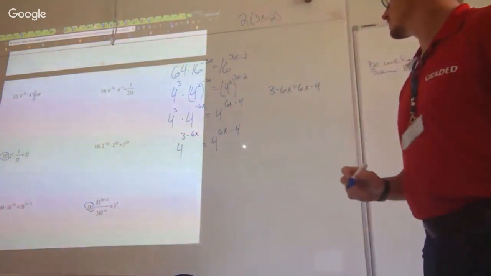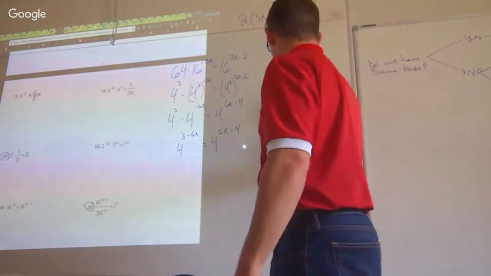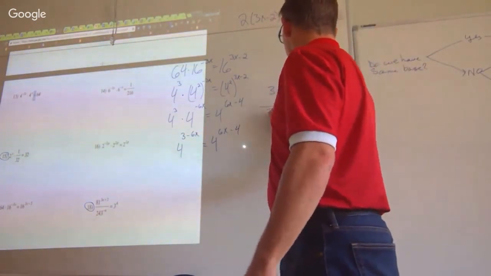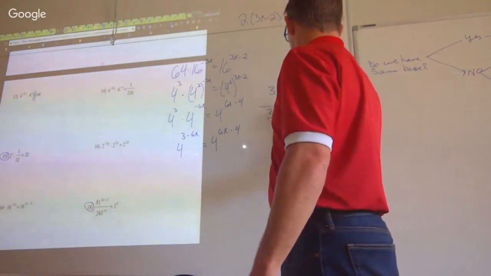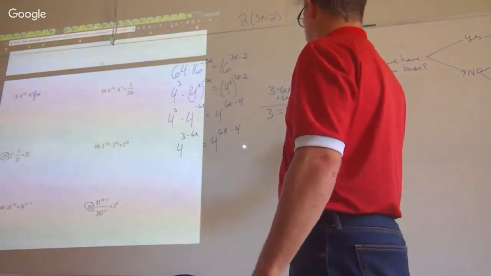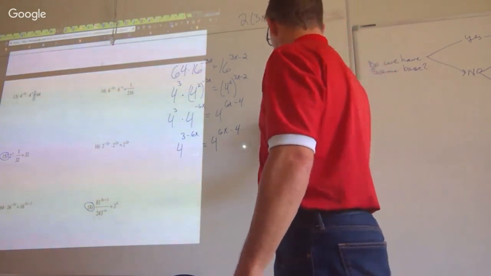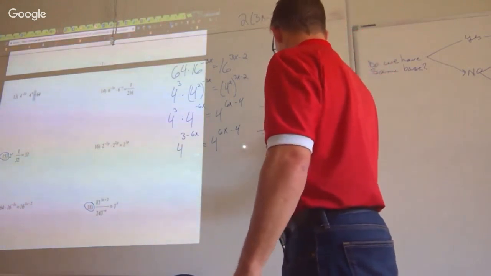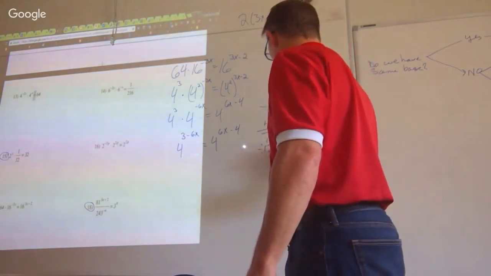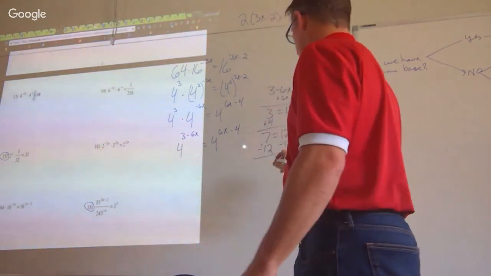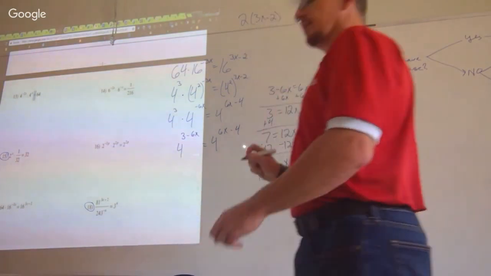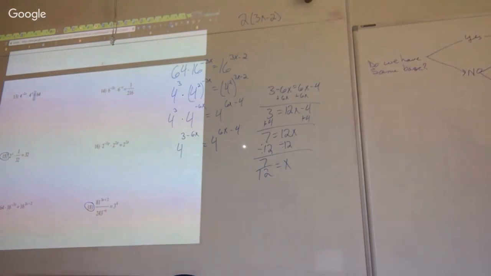You just add 6x from the right side to the left side, and then add 4 to both sides. 7 equals 12x, divided by 12. 7 over 12 is equal to x. Very nice.